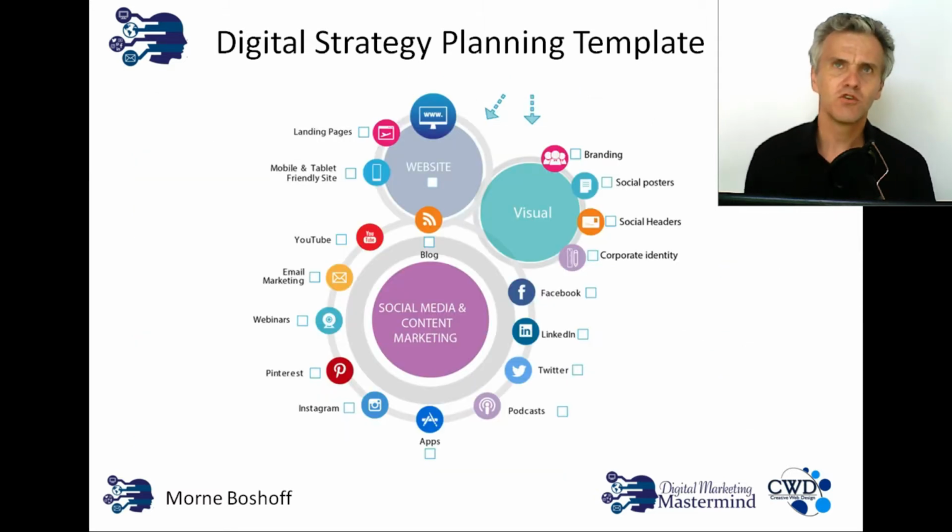So let's break it down a bit. Let's take it a step back, as I'd like to put it. So your digital strategy, no matter what stage you're in, consists of three main elements. It consists of your visual element, your website, and your social media and your content marketing.